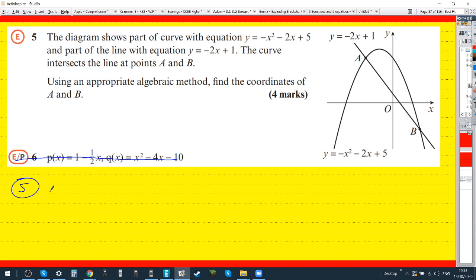Wait, so the top two equations. Oh, okay, I see. You'd make them equal to each other because they're equal to each other, right? Yeah. So you'd write it out as minus x squared minus 2x plus 5 is equal to minus 2x plus 1.